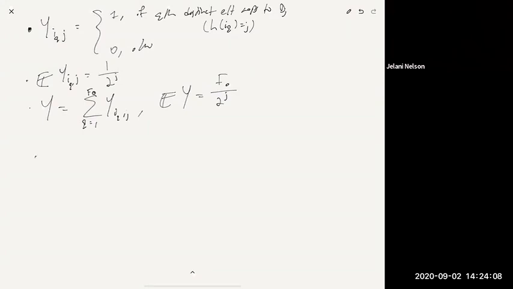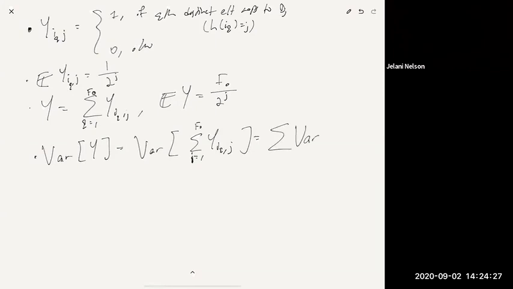The variance of y is the variance of the sum of y_iqj, q goes from 1 to f0. And this is equal to the sum of the variances, and this equality holds because we drew the hash function from a pairwise independent family.